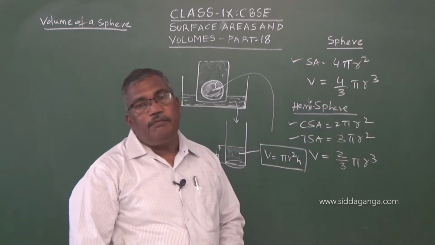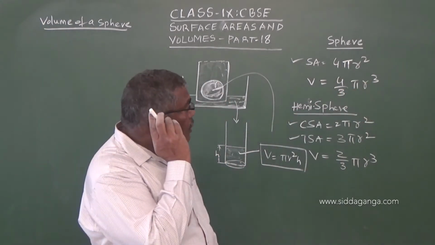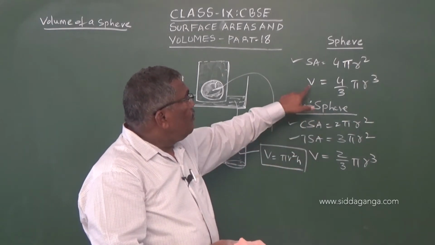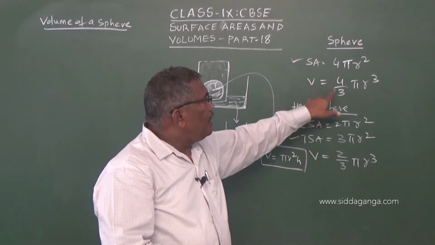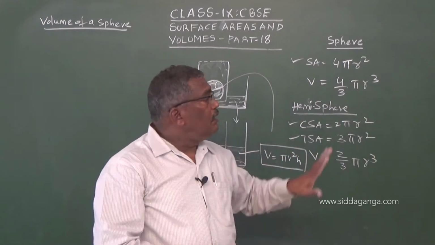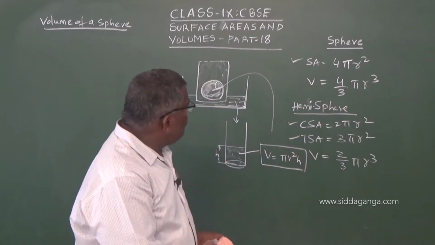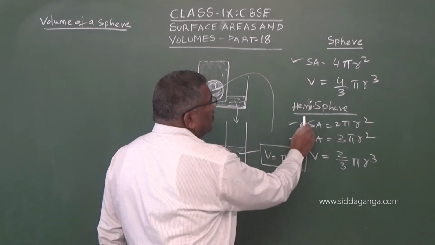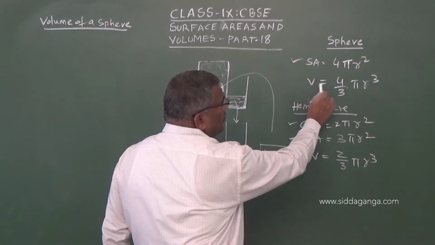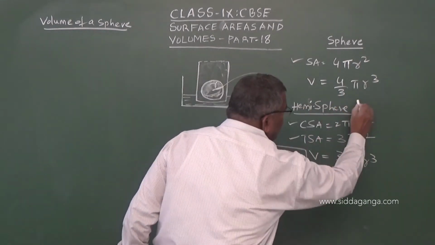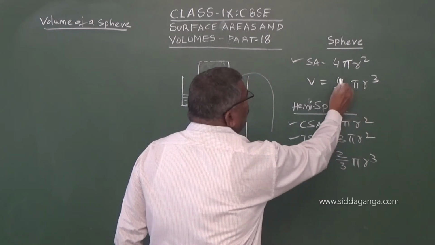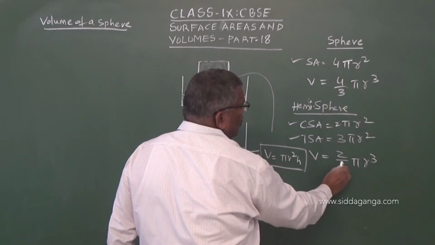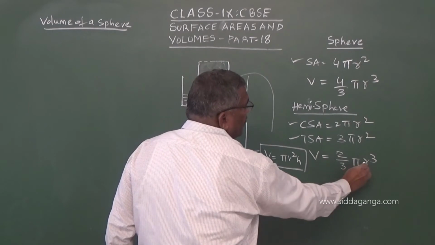So this is only for knowledge purpose. The only thing you have to remember is that the volume of a sphere is 4 by 3 pi r cube, and half of the sphere is called a hemisphere. The hemisphere volume is divided by 2. So the 2 ones are 2 twos, you will get cancelled, and you will get 2 by 3 pi r cube.